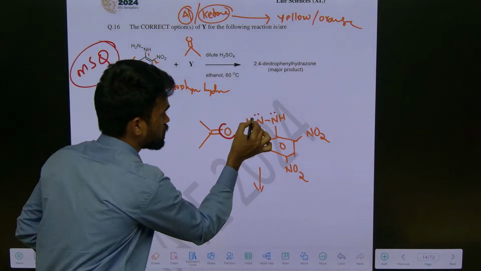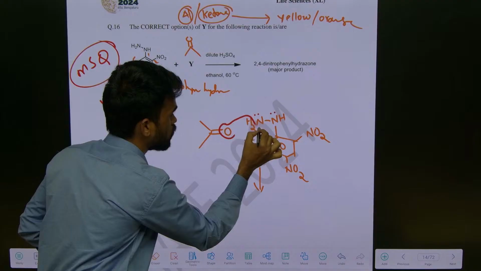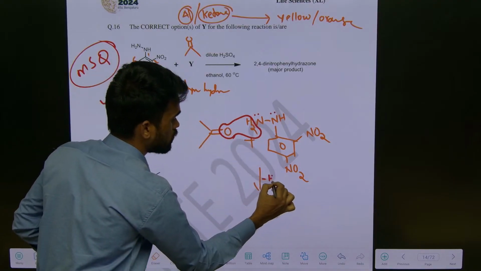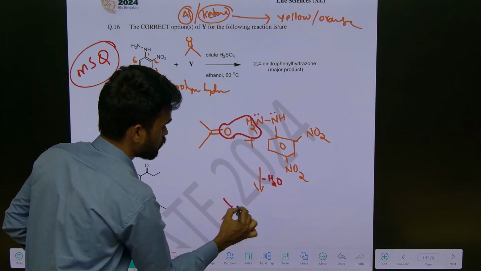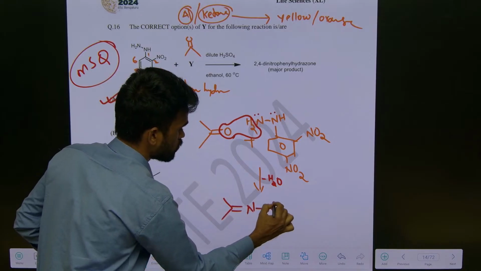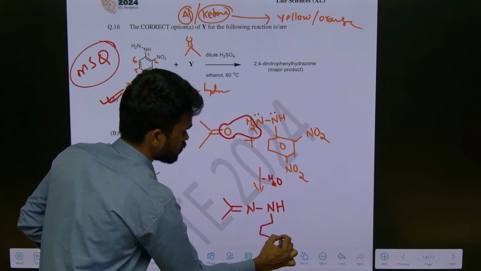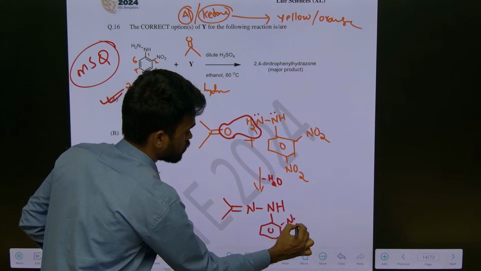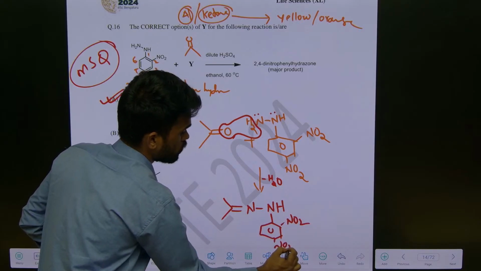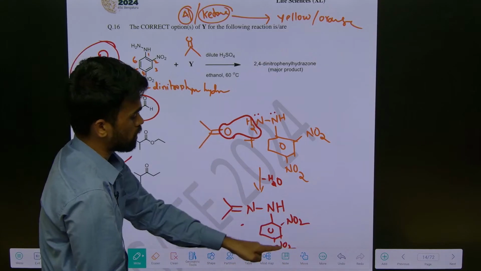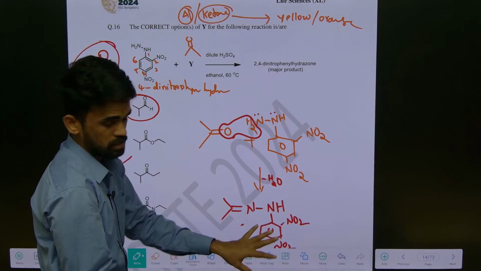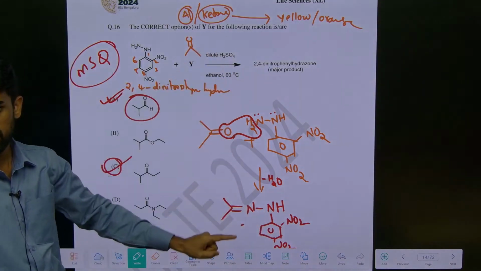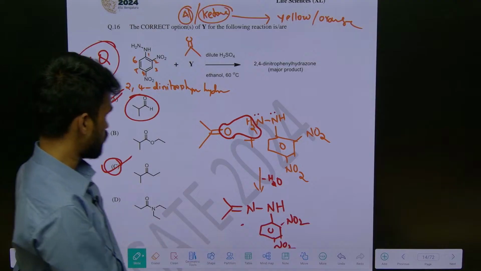It means these hydrogens and this oxygen are removed as water. After removing water, what is the resulting species? This is called 2,4-dinitrophenylhydrazone. That's it. This is a yellow or orange crystal formed as a product.